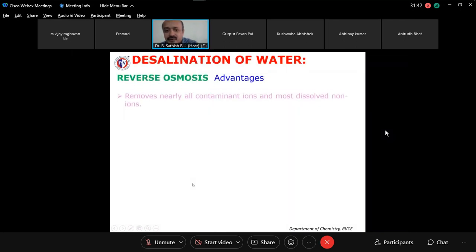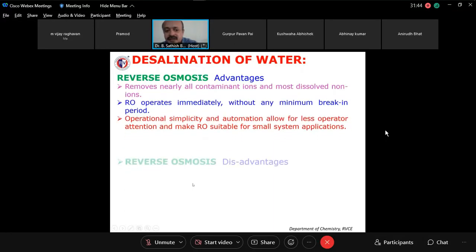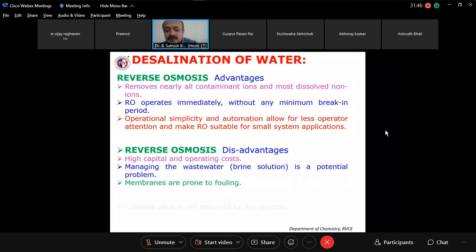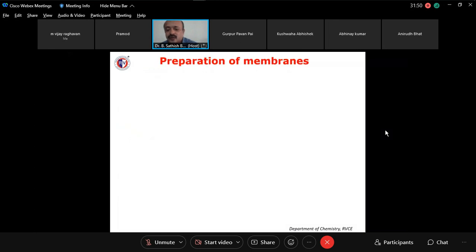Now we studied the advantages and disadvantages of desalination of water also. I'm not going to go into detail about this. Now we'll pass on to the preparation of membrane. Now you will know what the requirements of the membrane are which are used in the reverse osmosis process or any membrane technology.